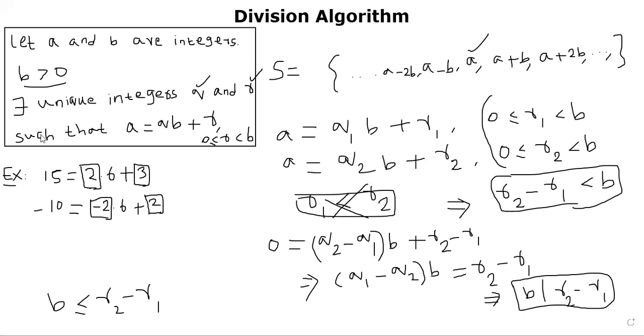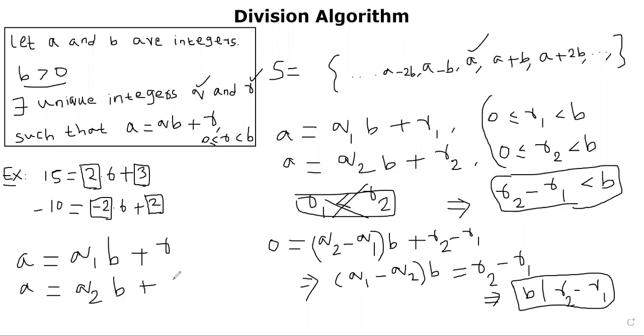Okay, so we proved R1 and R2 are equal. If R1 and R2 are equal, now we can easily prove that Q1 and Q2 are equal. Okay, let me quickly do that as well. Since R1 and R2 are equal, what can I do? I can just take A equal to Q1B plus R, because R1 and R2 are equal, let me call it R. And A is equal to Q2B plus R. So I'm going to subtract both sides.